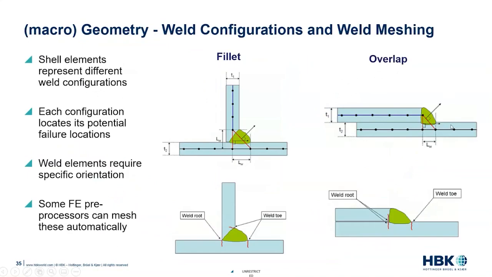So our macro geometry is our weld configurations and our weld meshing requirements from our finite element analysis. So these weld configurations and weld meshing define particular failure locations, and so are they at the weld root or at the weld toe?